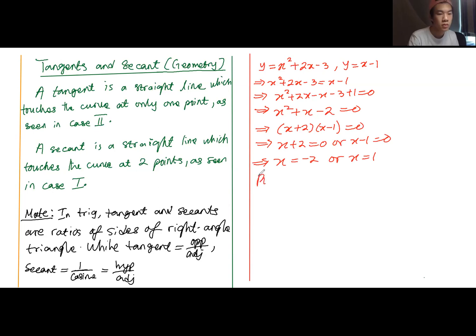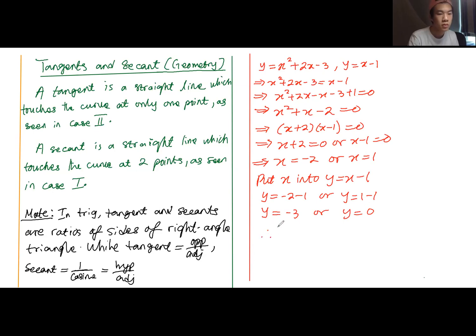So put x into the linear equation. Please don't use the quadratic, you're just wasting your time. From the first one, y will be equal to negative 2 minus 1, so y is minus 3. From the other, y will be 1 minus 1, so y is equal to 0.